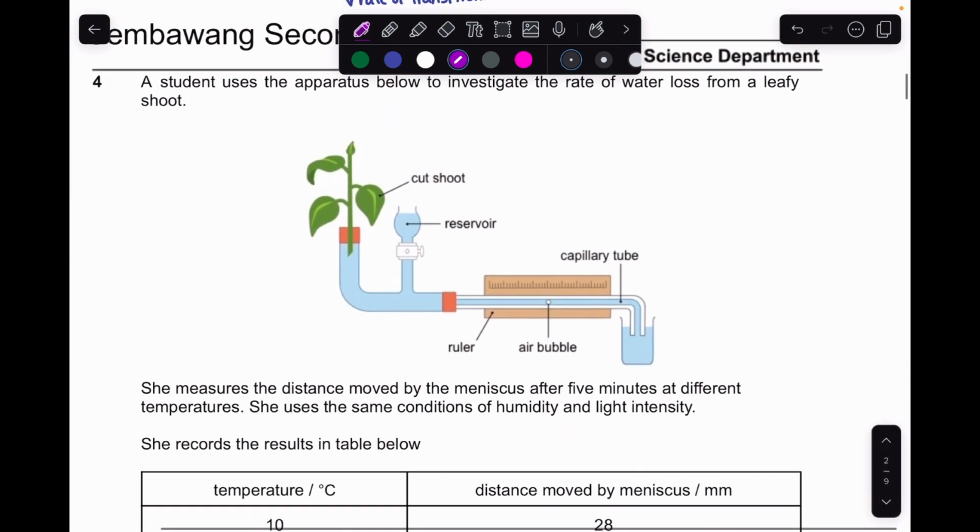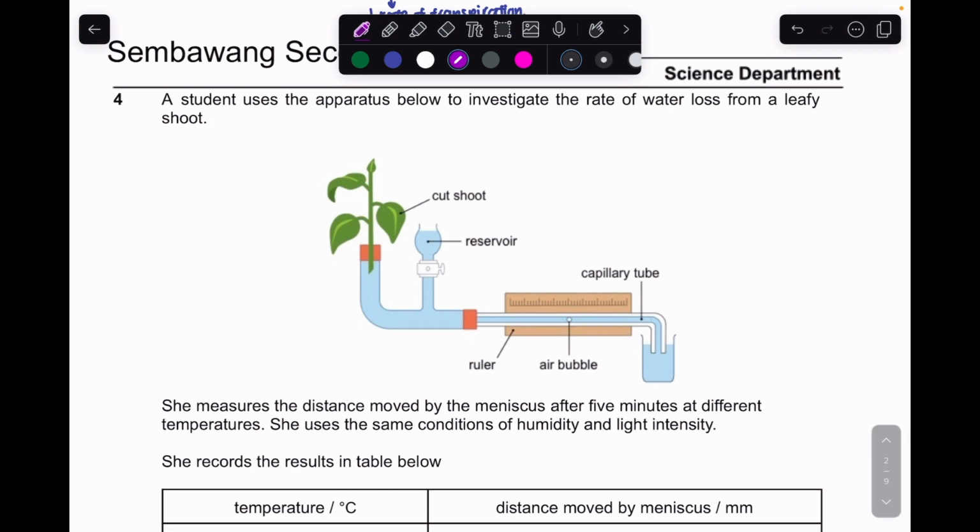Okay, the structured question now. A student uses the apparatus below to investigate the rate of water loss from a leafy shoot. So the name of this apparatus should be familiar to you because we talked about this. This is called a photometer.